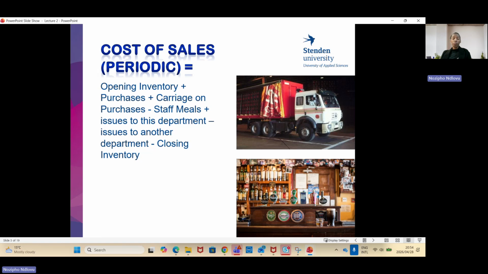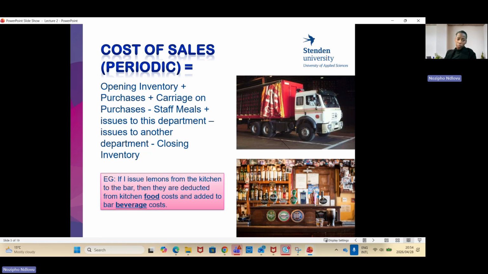It will make sense once you start making use of examples, but I want you to now just take note of this. This is the set standard that we use in order for you to calculate the cost of sales using a periodic method. You will see as we make more examples how that will come into play.